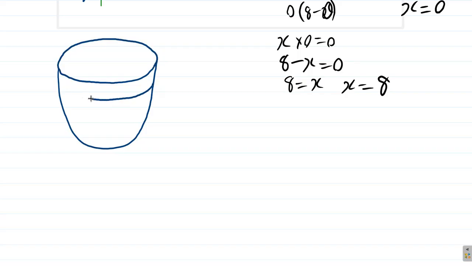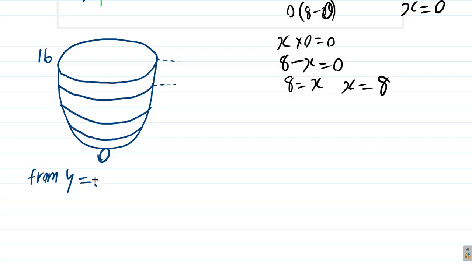If you slice the bowl into several pieces, you would be going from y equals 0 to y equals 16, with a change in y as you go up.